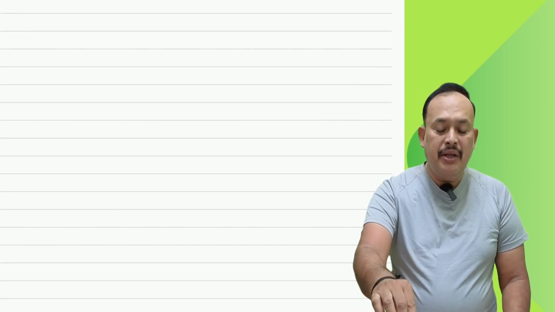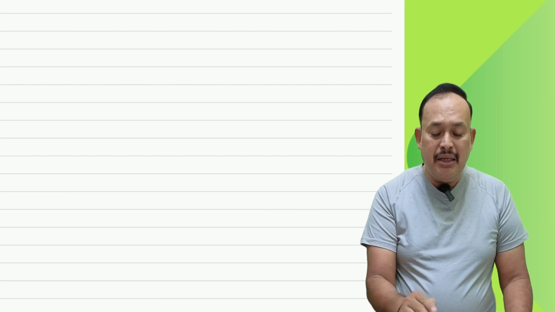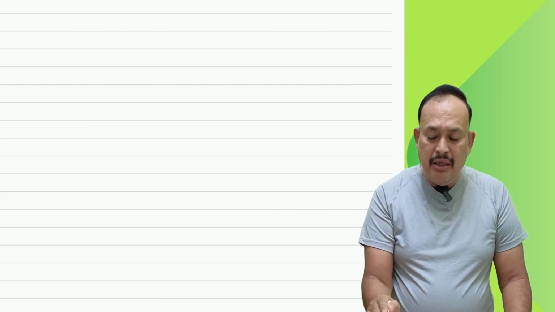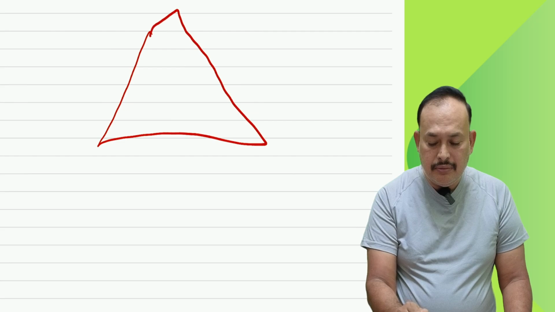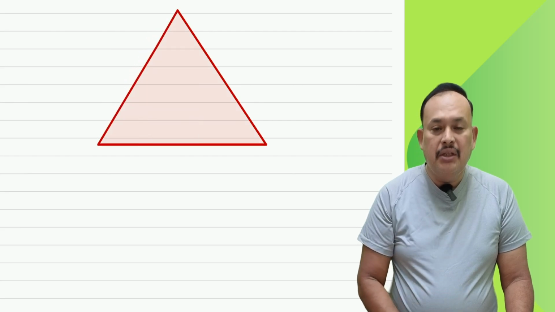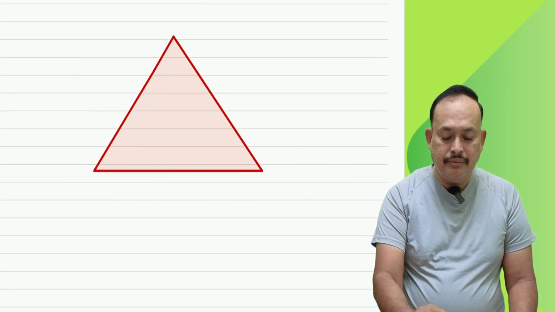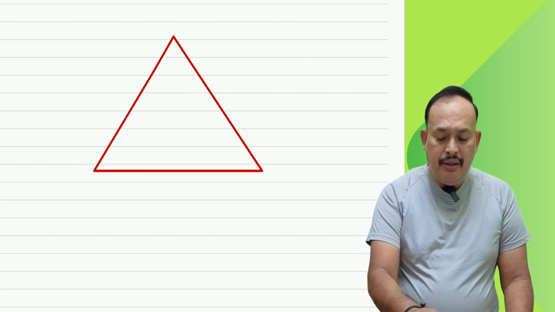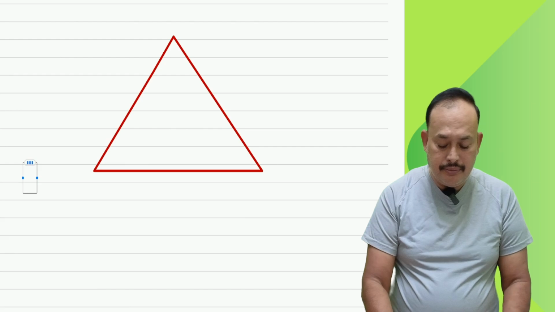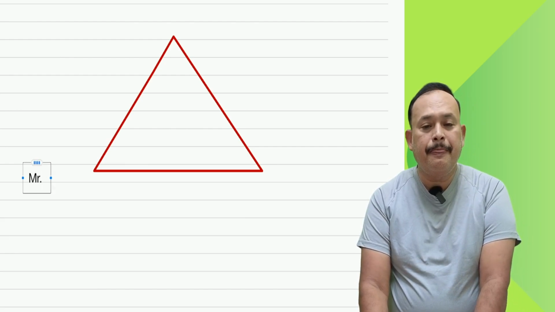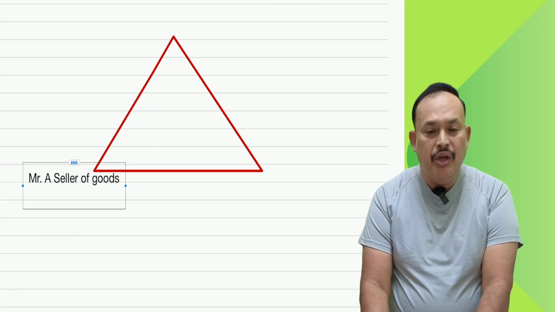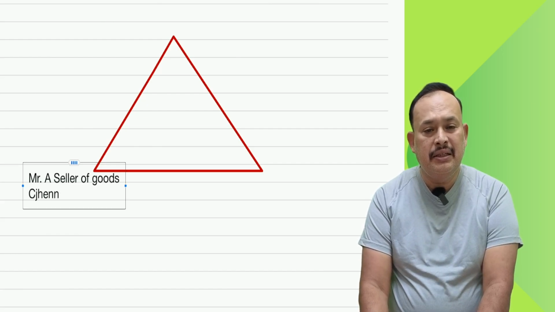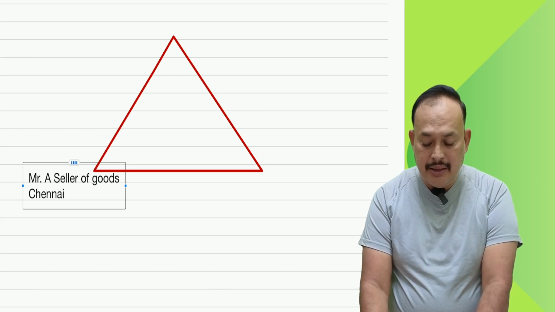Look here, I will draw a simple thing. Let us say Mr. A is the seller of goods, located in Chennai, who is a registered person.